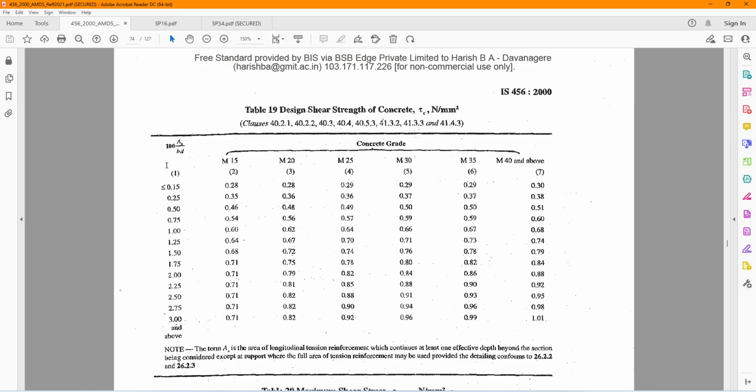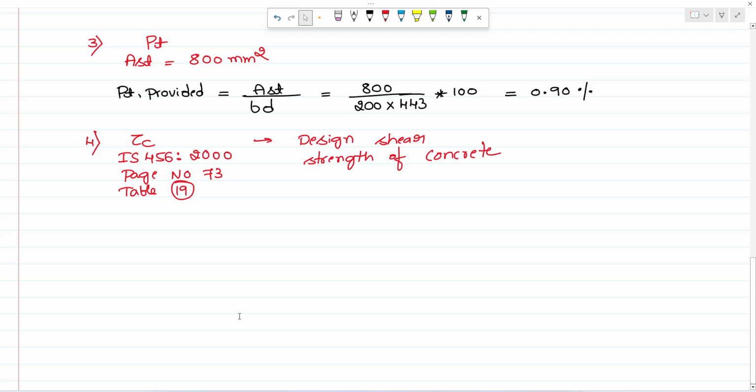In your case PT is 0.90, so it falls in this range, 0.75 and 1. For 0.75, tau C is 0.57. For 1, it is 0.64. So let me copy the readings.